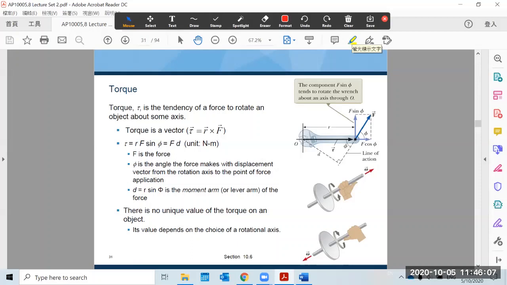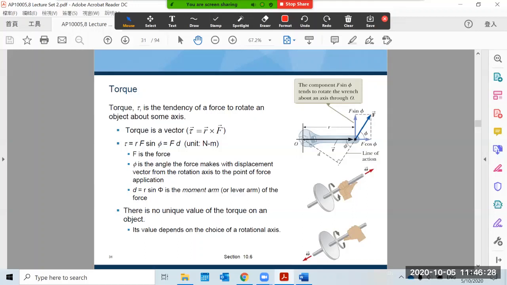So the acceleration could be positive or negative, depending on whether you are slowing it down or speeding it up. And the torque is dependent on several things.